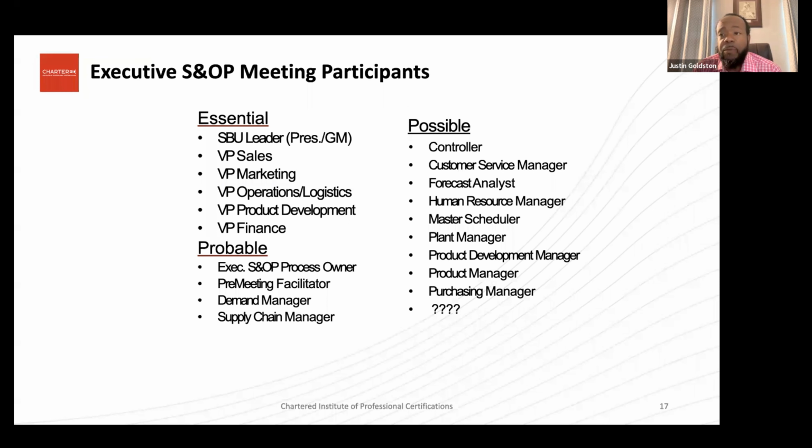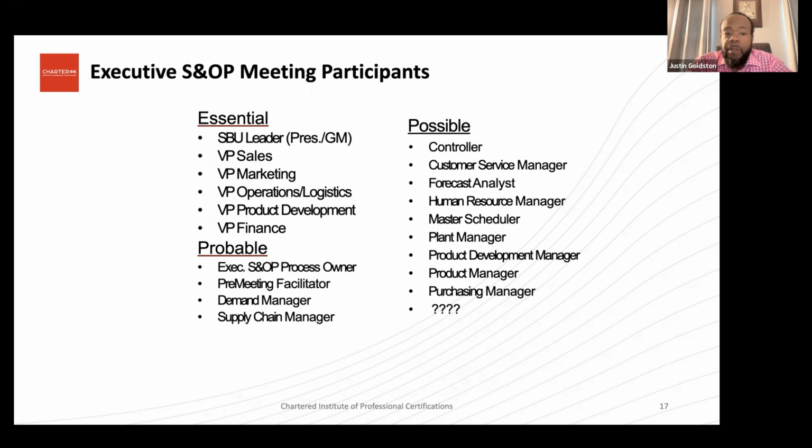For example, for a large multinational company, the essential, probable, and possible split is applicable. If we have a small and medium enterprise of 500 employees, I would say almost all of these would be essential. These are my thoughts, based on my experience.